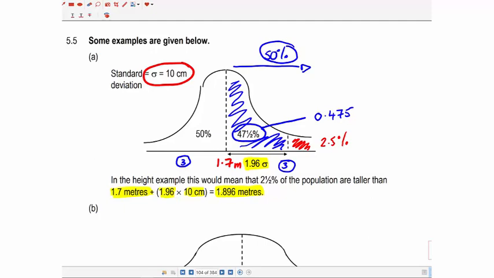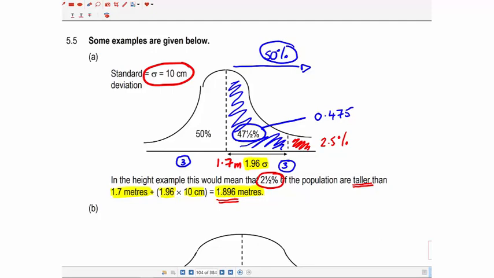That can be really useful to analyse data sets, because now we can say that in this example, 2.5% of the population are taller than 1.896 meters, or 2.5% of the population sit outside, if you like, 1.96 standard deviations of the mean.